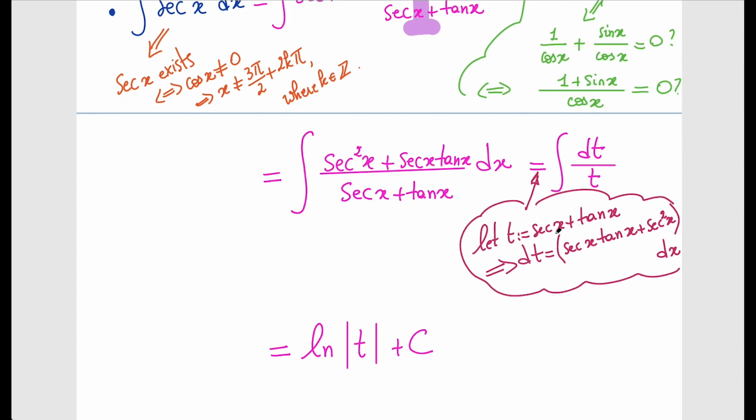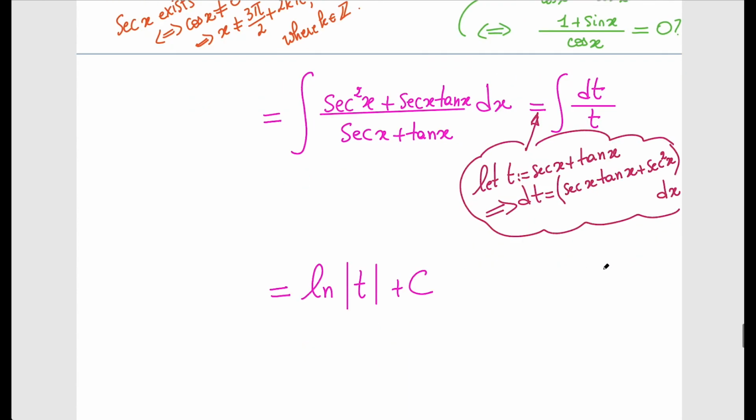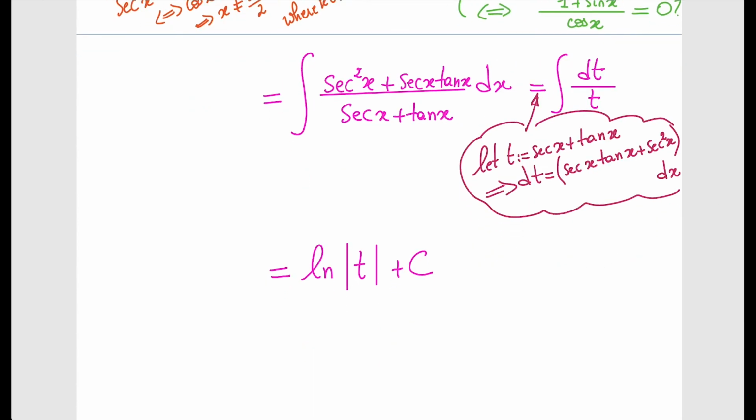And what's t? T is secant x plus tan x. So this is equal to ln of absolute value of secant x plus tan x plus a constant of integration.